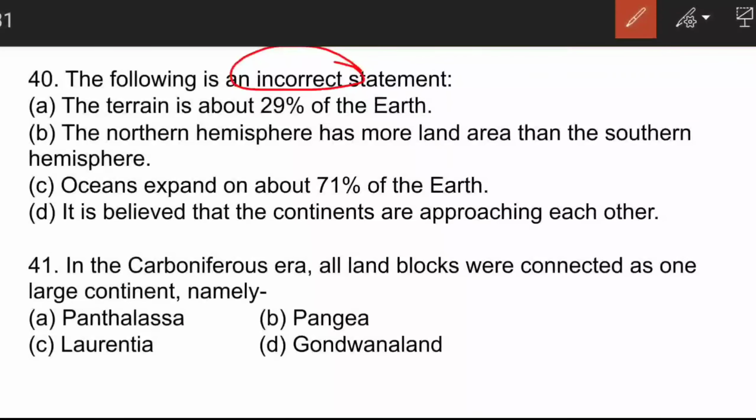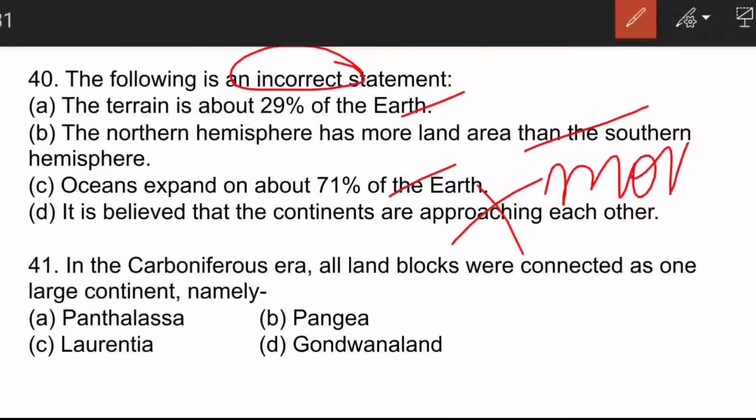I usually make such mistakes, so please be very careful. This is a correct statement. The northern hemisphere has more land area than the southern hemisphere. This is also correct. Ocean expands on about 71% of the Earth. This is also correct. It is believed that the continents are approaching each other. This is wrong. They are moving away from each other.